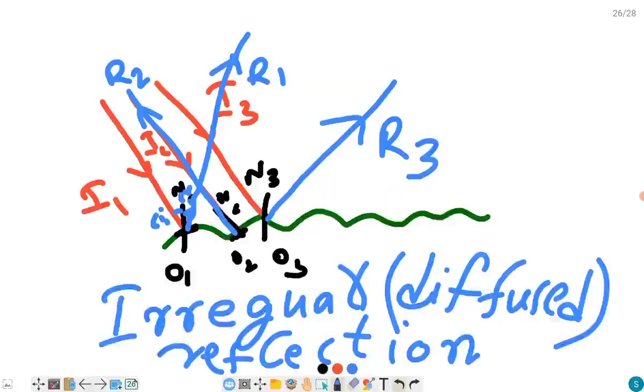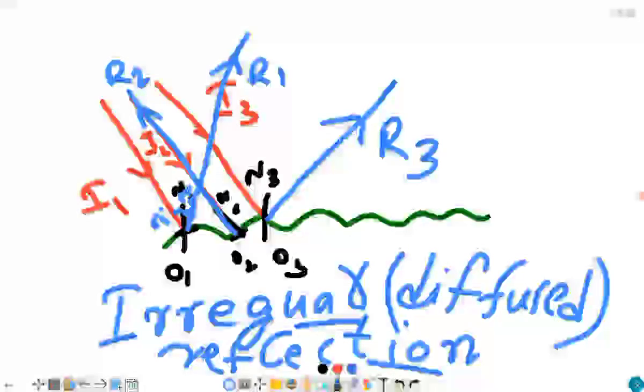But here, the normals are not parallel to each other. According to the normal only, we will have the reflected ray. Understood? Now, the reflected rays are in different directions. That's why, due to this irregular reflection only, we are able to see different things from different positions.